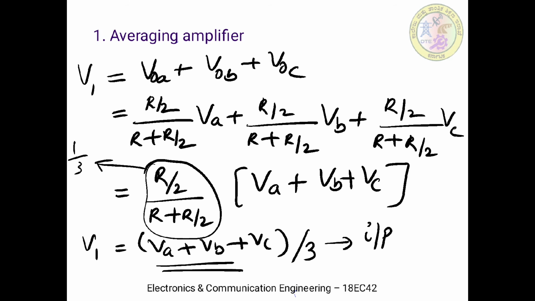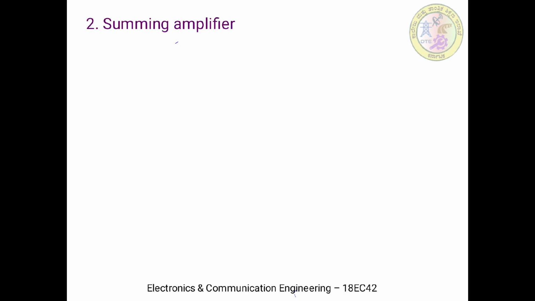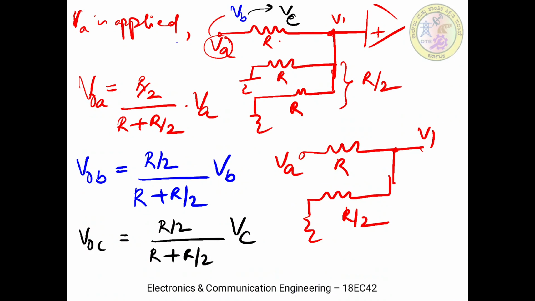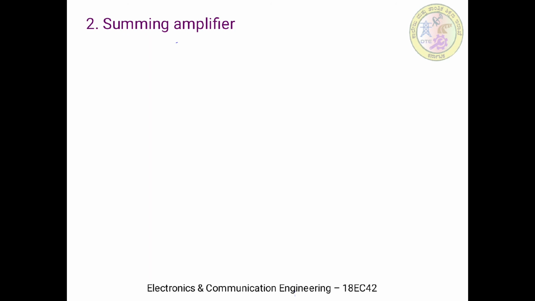The final output V0 will be equal to (1 plus RF by R1) into V1.